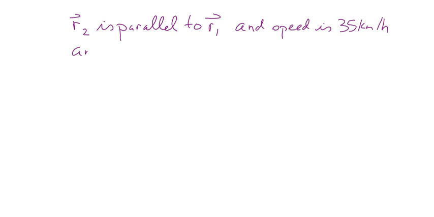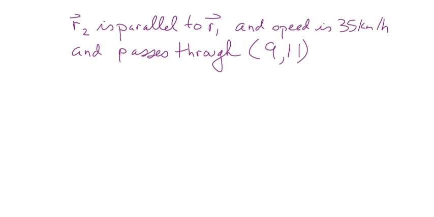And R2 passes through the point (9, 11). Yeah, that's odd. Okay, it passes through the point (9, 11).